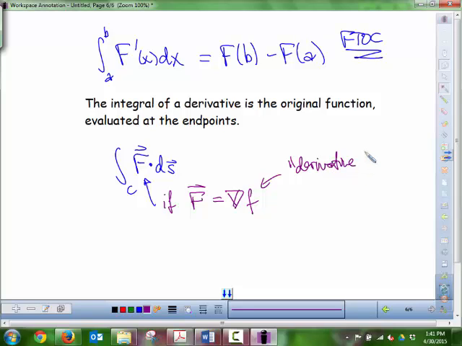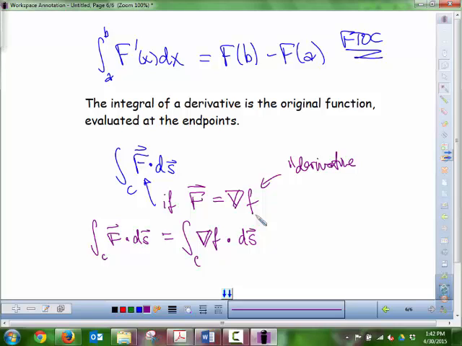So let's work this out. Let's use our working definition for a line integral. We say that our line integral looks something like this, but instead of capital F with an arrow on top, we'll just say gradient of little f. And this certainly makes sense so far.